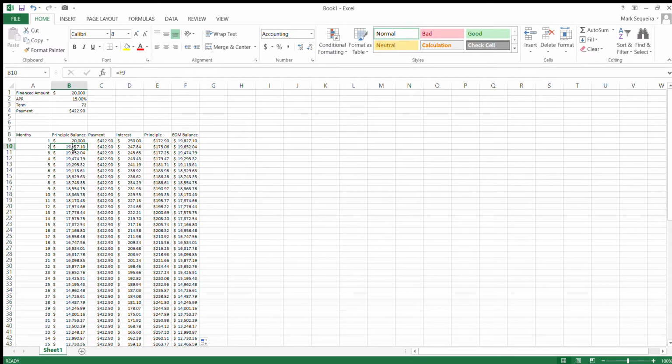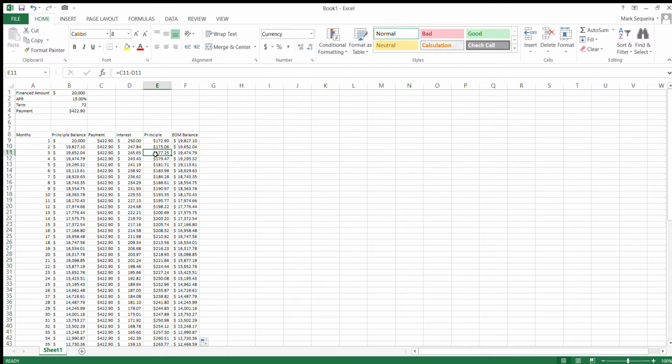After the first month we have $250 that goes to interest, $172.90 that goes to principal. In the next month, about $3 less goes to interest and about $3 more goes to principal. Then the next month, a little less goes towards interest and a little more towards principal.